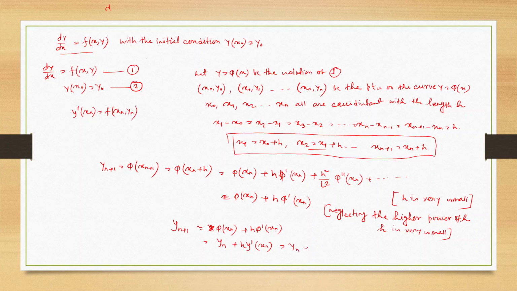So from here we can write yn+1 = yn + h f(xn, yn).